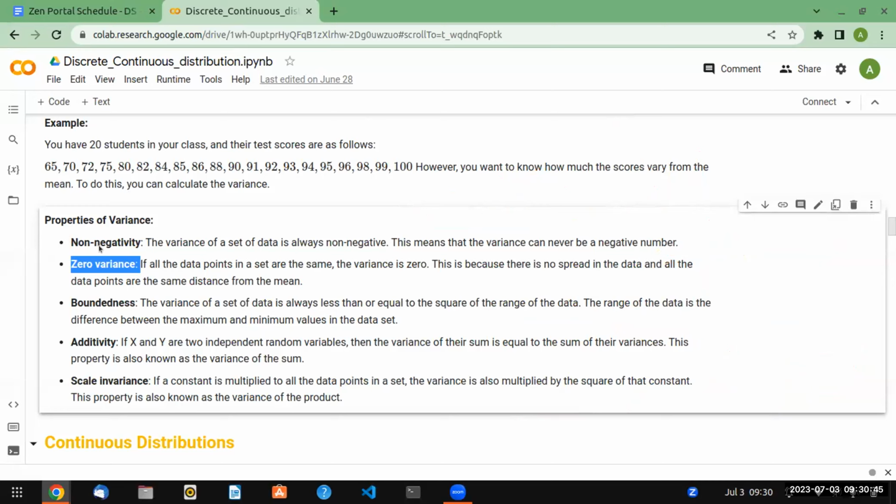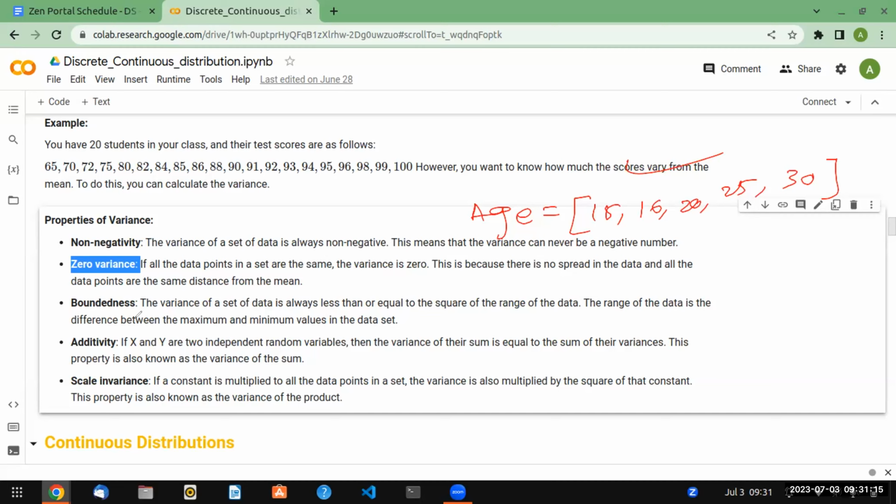What is boundedness? The variance of a set of data is always less than or equal to the square of the range of the data. The range of the data is the difference between the maximum and minimum values in the data set. For example, you have an age group with 15, 16, 20, 25, 30. Suppose we take this age group. Now this is my data. What do you mean by boundedness?